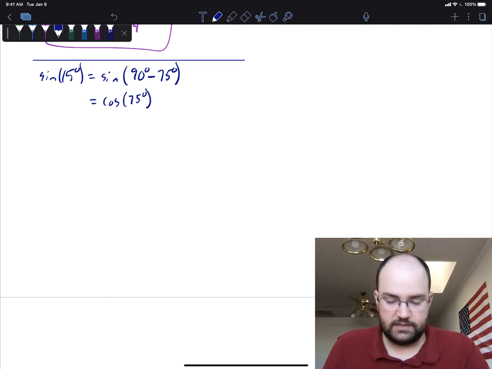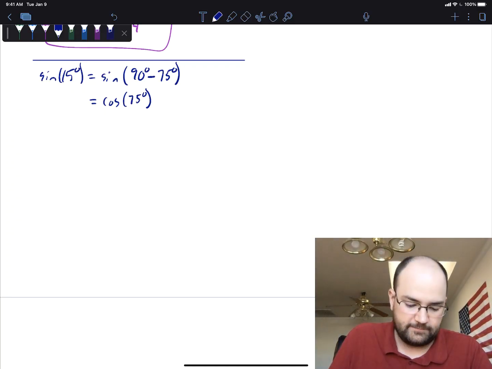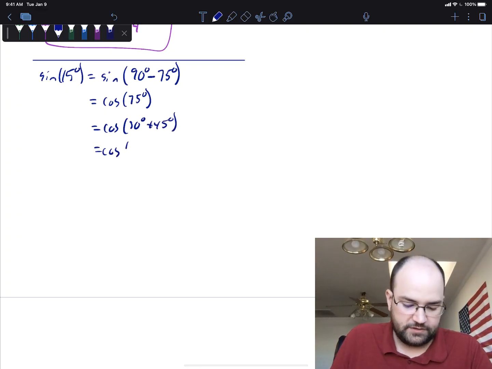Excellent. And at that point, you just simplify. You can do that as cosine of 30 plus 45 if you want, which would be cosine of 30 degrees, cosine 45 degrees, minus sine 30 degrees, sine 45 degrees.